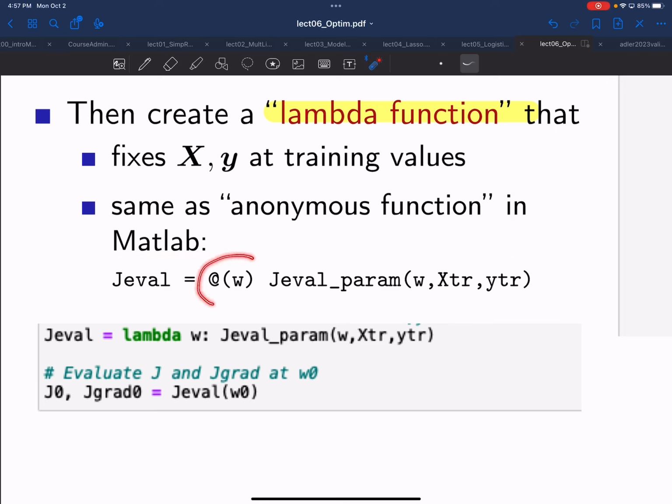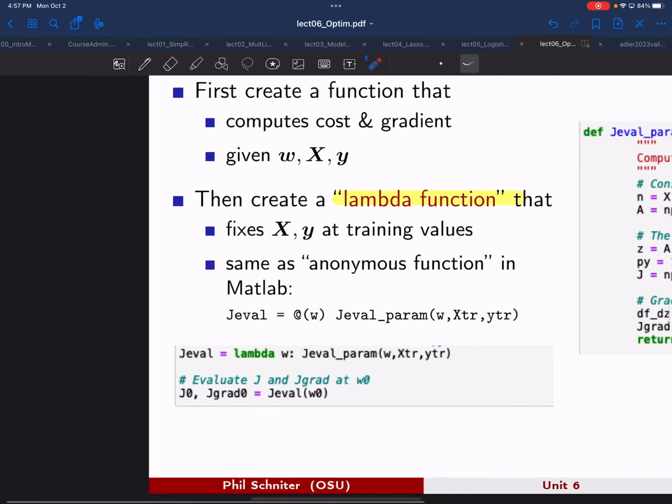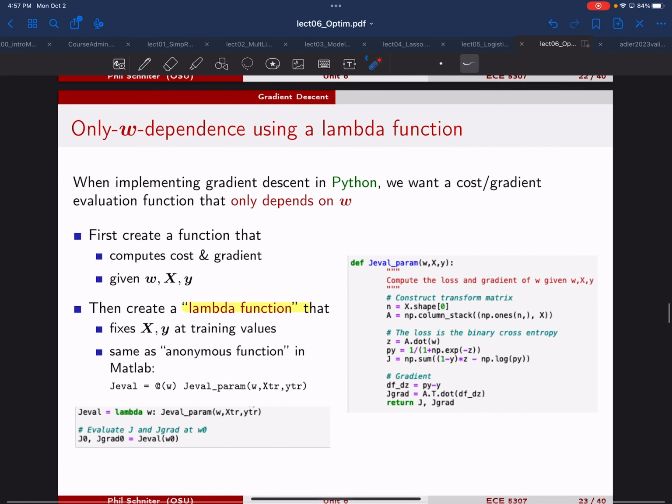It's just the syntax is a little different. Okay, so now that we've created this J eval function, if you want to evaluate the cost and gradient at a given point, w0, this is how you do it. You just do J eval w0. Okay, so really not much. We're just wrapping this in a way just to make it a function of one variable. And once in a while, this is a useful thing to do.